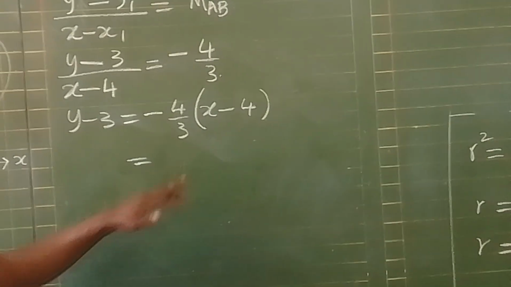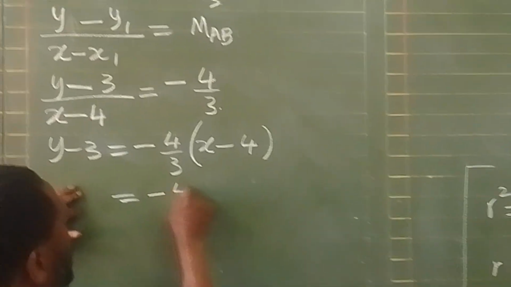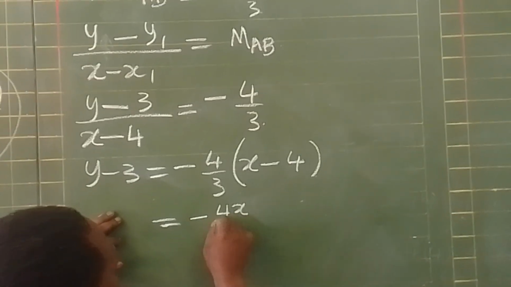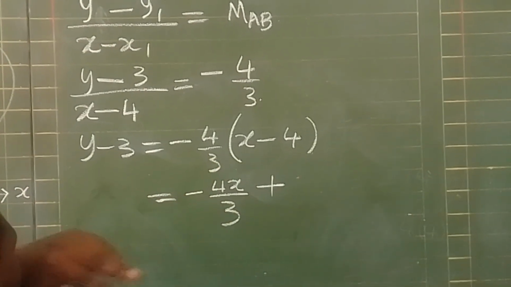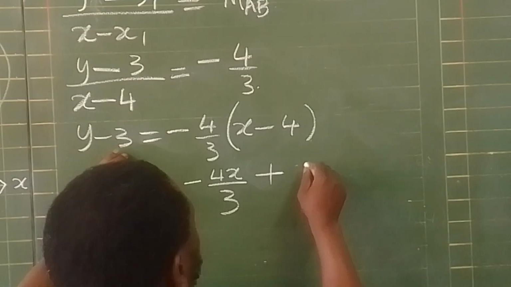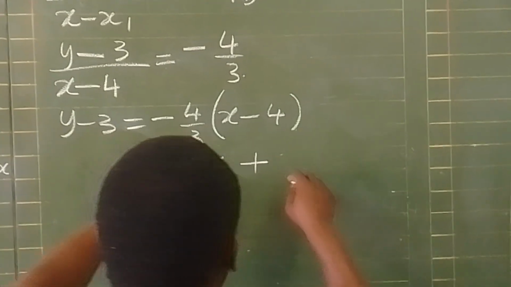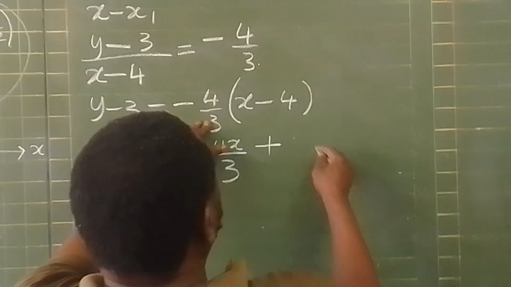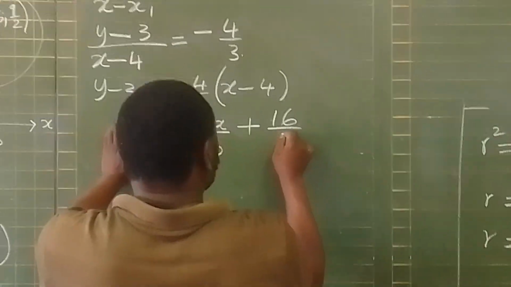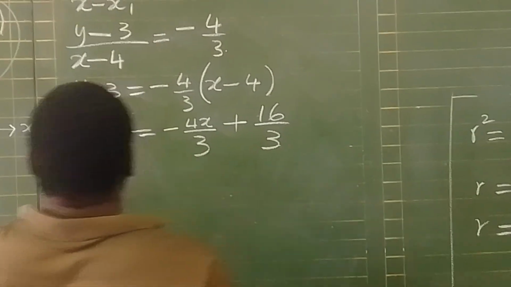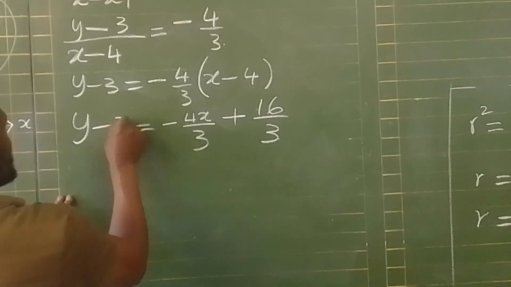Then we distribute this: it is going to be minus 4x over 3 plus, a negative times negative is positive, plus 4 times 4 is 16 over 3. That is y minus 3.